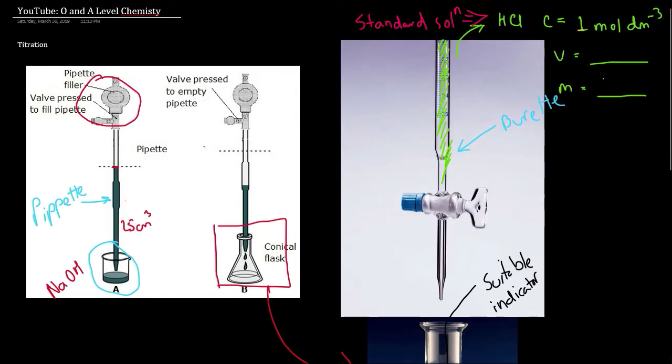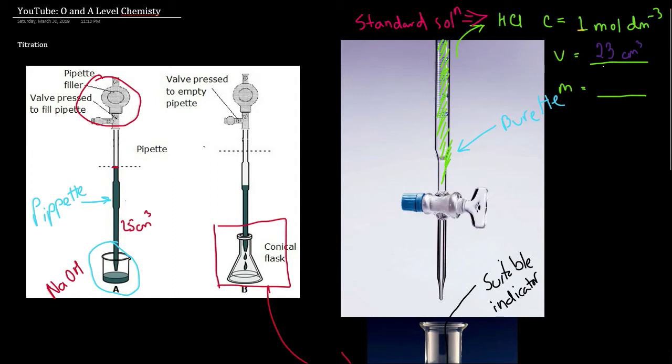So you know the volume now. Say for example you've carried out the experiment and there's a sharp change in color when you have added, let's say, 23 cm cube of HCl.